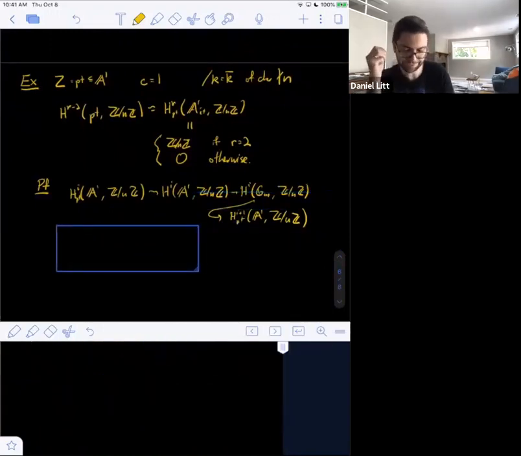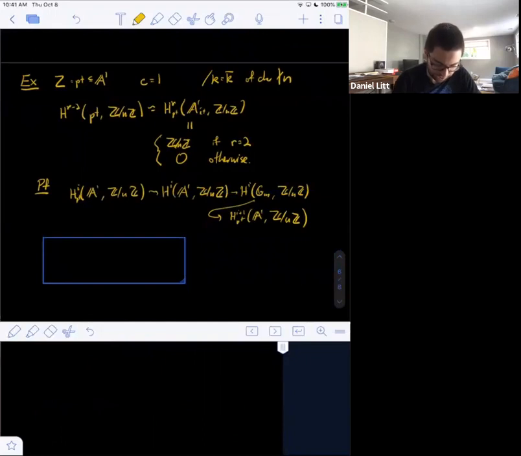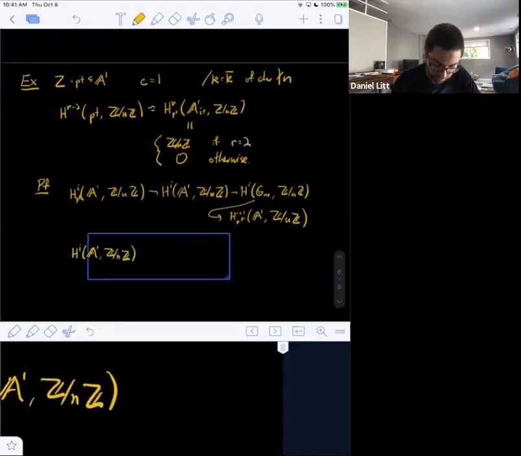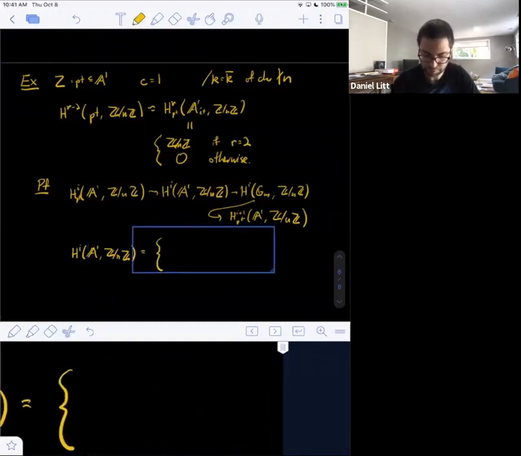All right, so can anyone help me out here? What are we getting? What is the cohomology of A1 with coefficients in Z mod nZ? We've computed this, right?